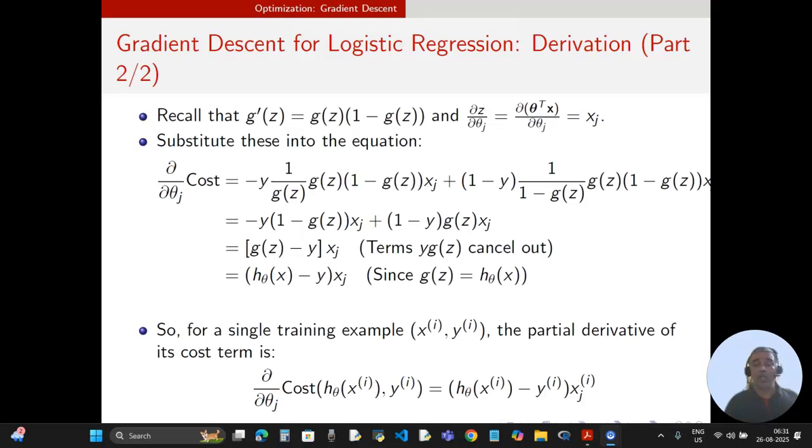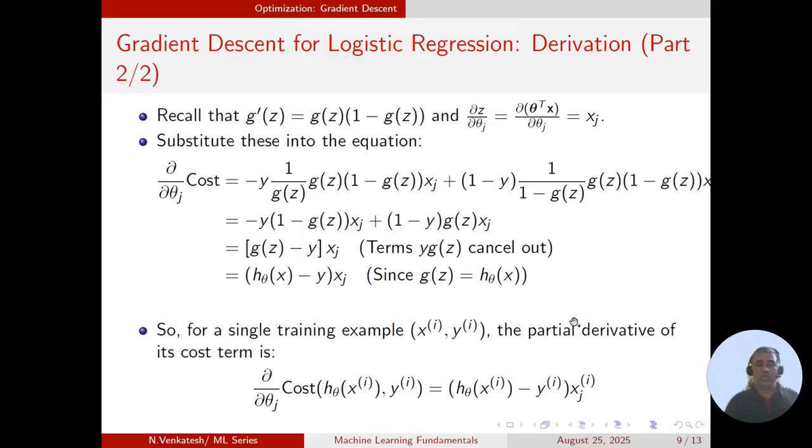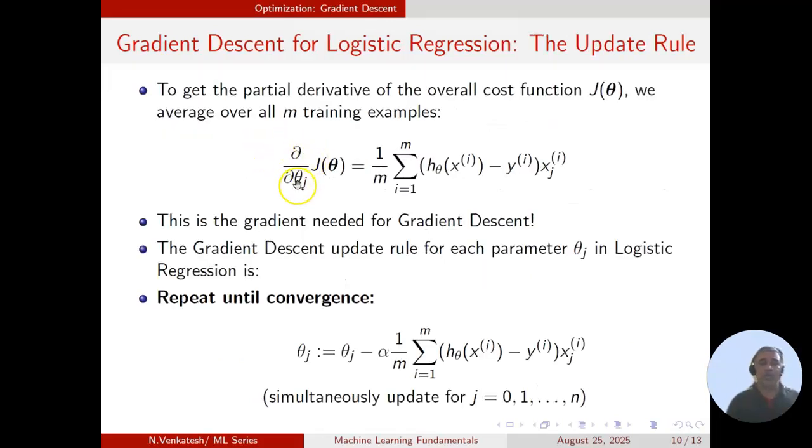When you consider all training examples, dou by dou theta j of J of theta, it will be 1 by m sigma i equals 1 to m of h theta of x i minus y i into xj of i. This is the gradient that we require in the gradient descent setup. And like that we calculate it for every theta.